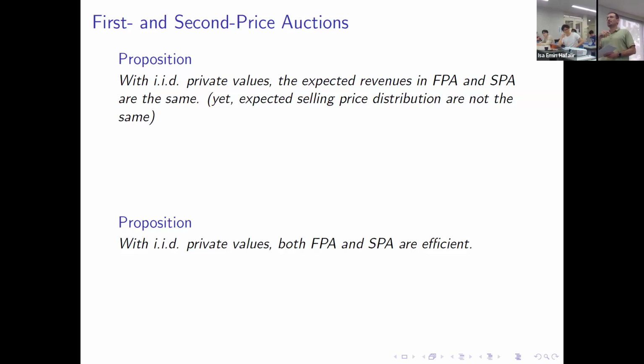So previously in the first class, we established that the revenue between first price and second price auction is the same, but this is not a coincidence. It will be actually the same revenue for all the auctions in which the allocation will be efficient. So we are going to have a definition of a standard auction. An auction is standard when the highest bidder wins.